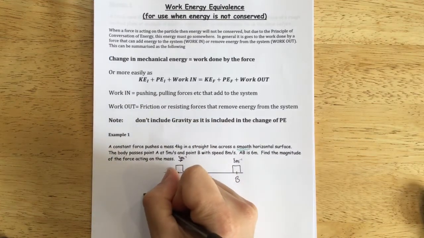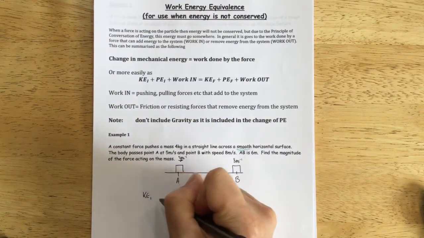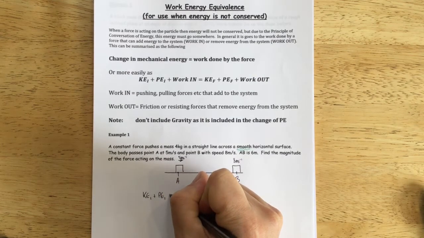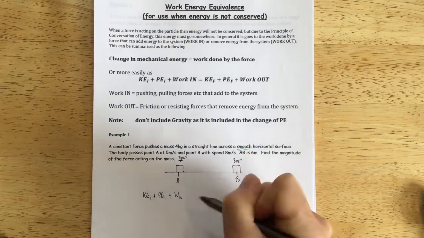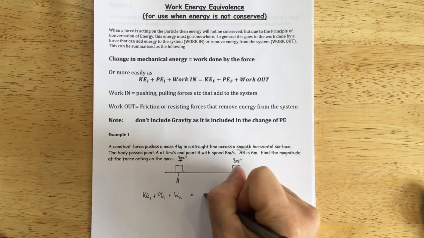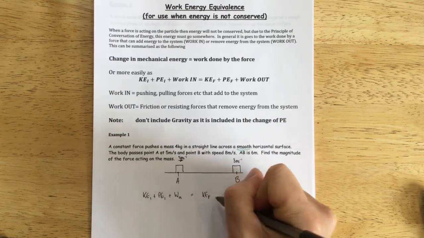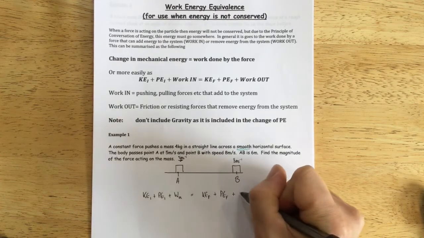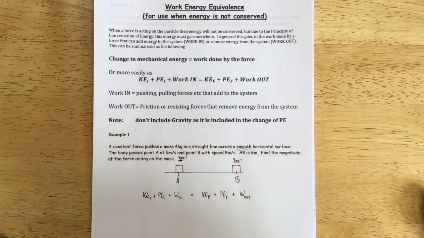So we can say that the initial kinetic energy plus the initial potential energy plus any work that goes in will equal the final kinetic energy plus the final potential energy plus any work that goes out.